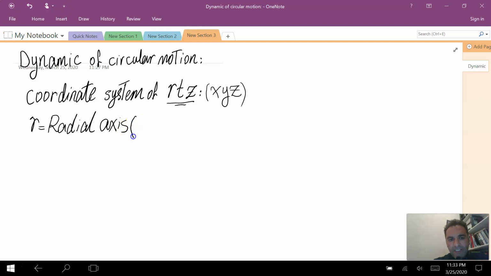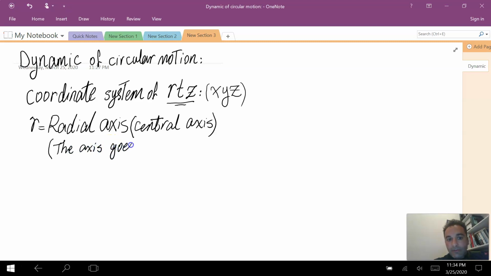Or we can also call it the central axis. That means it is the axis that goes through the center.